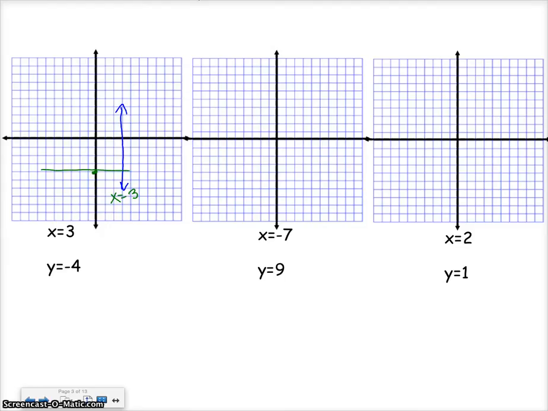And I'm going to make a horizontal line. And that's y equals -4. Because y is -4 all across that line. Y is always -4. X is always 3. X is 3 all along that vertical line.